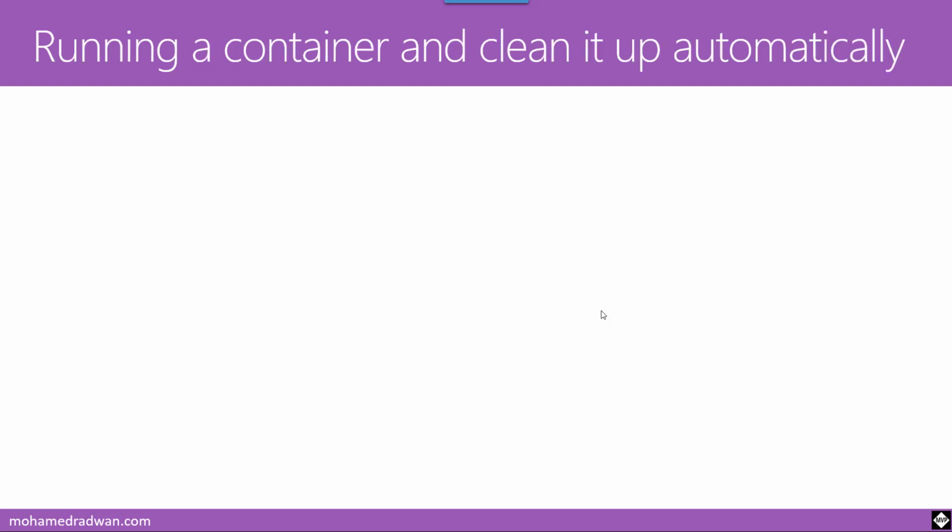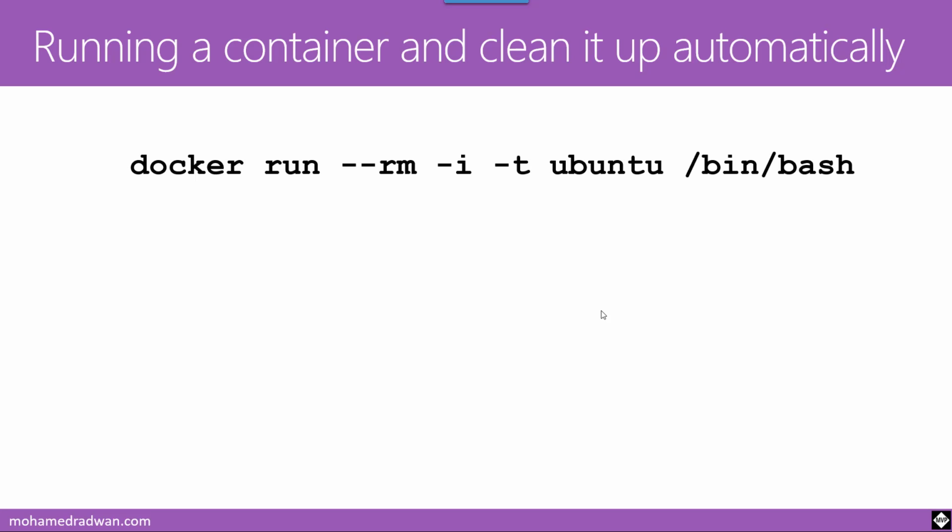So let's look at running a container and cleaning it up automatically. If I want to run a container and have it deleted automatically from my machine when it stops, let's say I would like to run a container for a specific reason, and from this container I will create an image, and I don't need this container to exist on my machine. What I can do is execute this command.